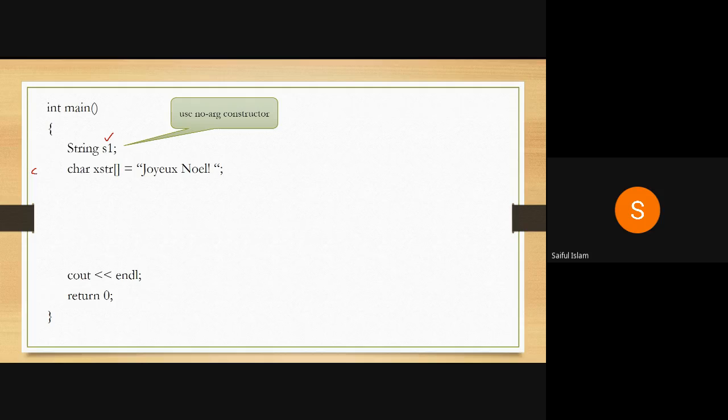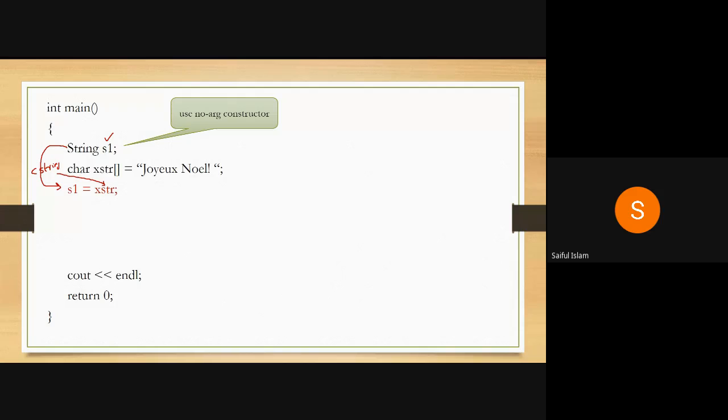This is your C type string that we define in the C programming language. That is why I'm calling it a C style string. Then you write s1 and str. So this is your C string, and this is your s1 object of type String.